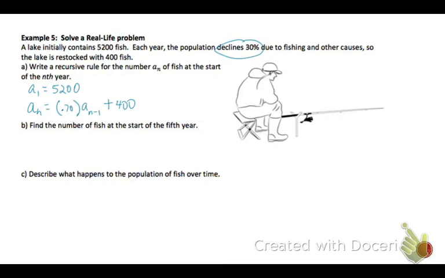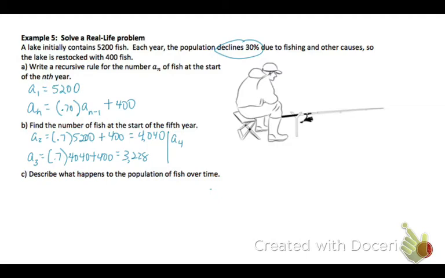So we need to find the number of fish at the start of the 5th year. So at the start of the first year, a sub 1, we have 5,200. At the start of the second, we have 70% of that plus 400, which is 4,040 fish. At the start of the third year, we have 70% of that number plus 400 equals 3,228 fish.